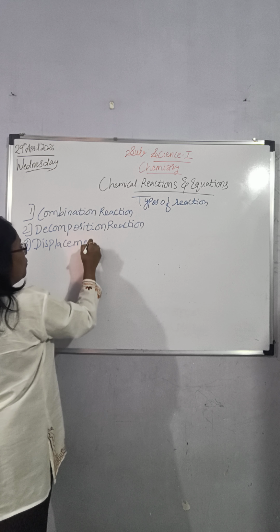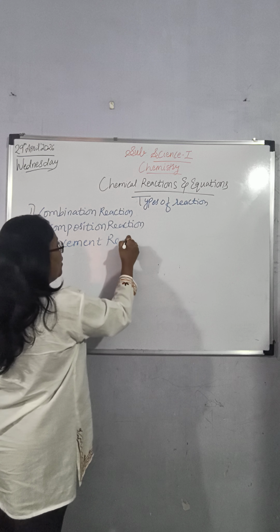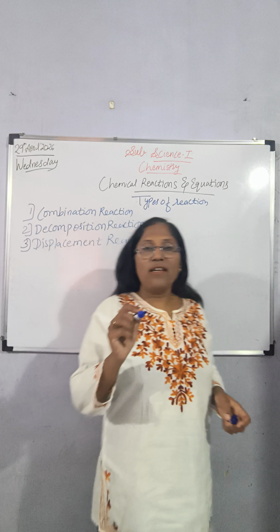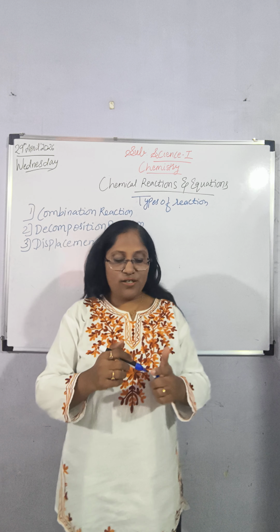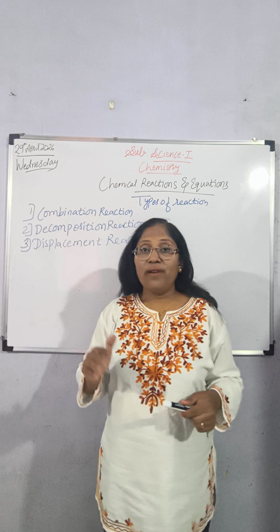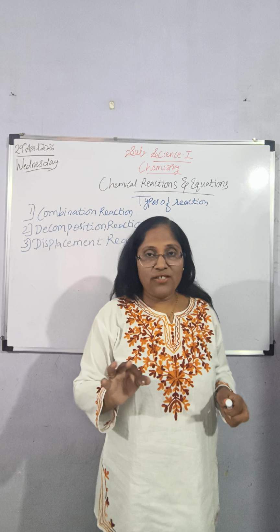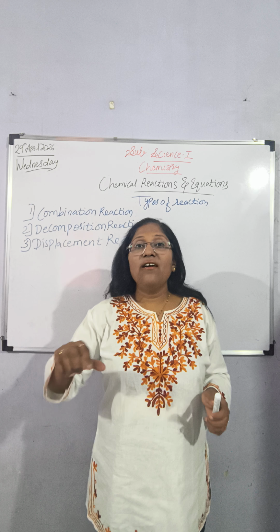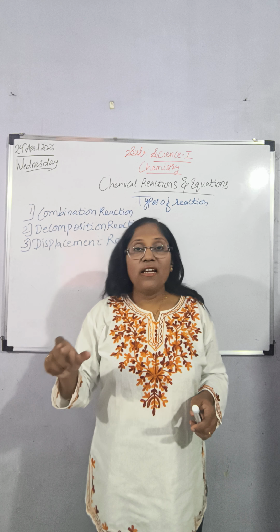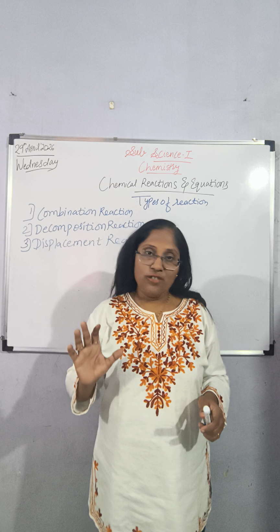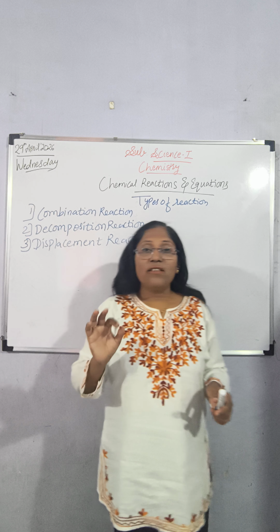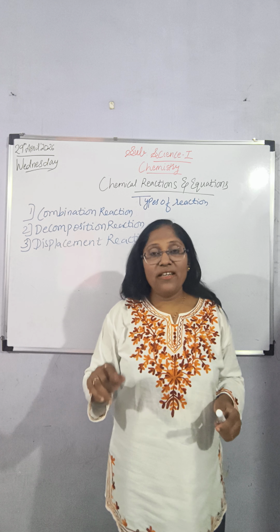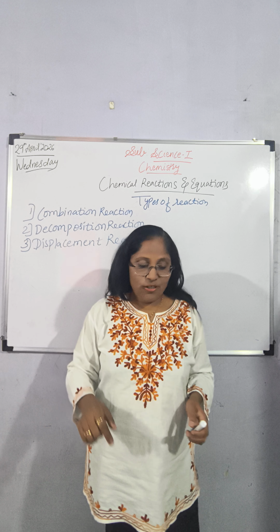Now students, what is displacement reaction? What do you understand by displacement reaction? In this reaction, the more reactive metal displaces the less reactive metal in the metal solution. I repeat my words: the more reactive metal reacts with the less reactive metal in its metal solution.